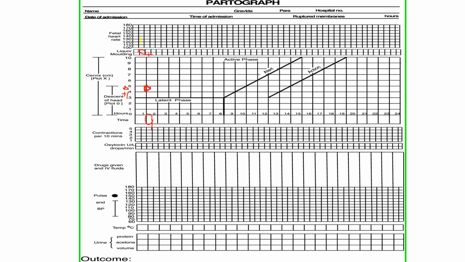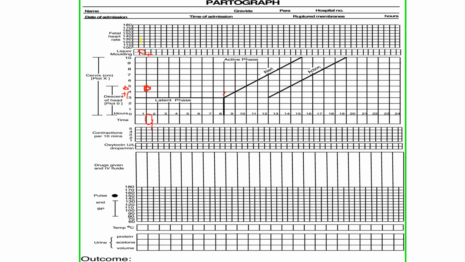Okay. So I got 0 station and assume that the dilatation was 4 centimeter. 4 centimeter means we know that it is in the active phase. So you have to mark it over here. Again, you can write the same 9 o'clock over here and you can mark the 4 centimeter.